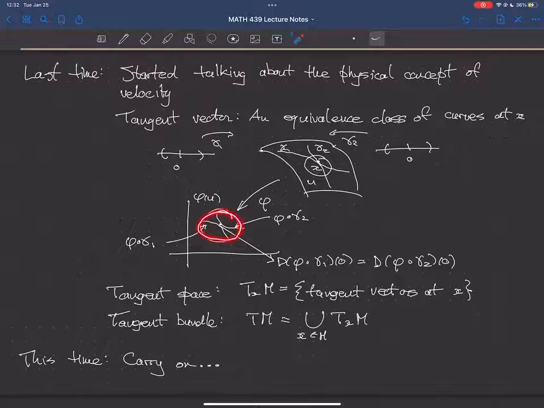I have a chart domain U and then a chart map phi, and then these curves are phi composed with gamma 1 and phi composed with gamma 2.